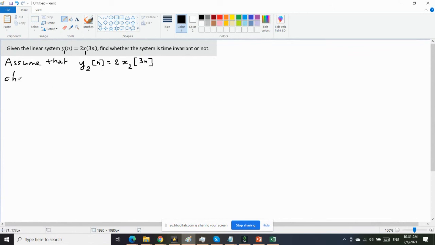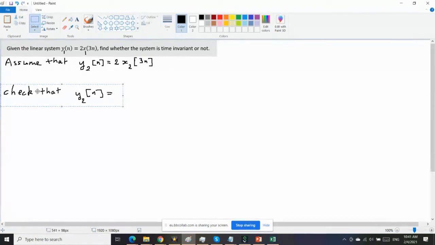So check that y2 of n is equal to, oh, we have to assume another thing also.